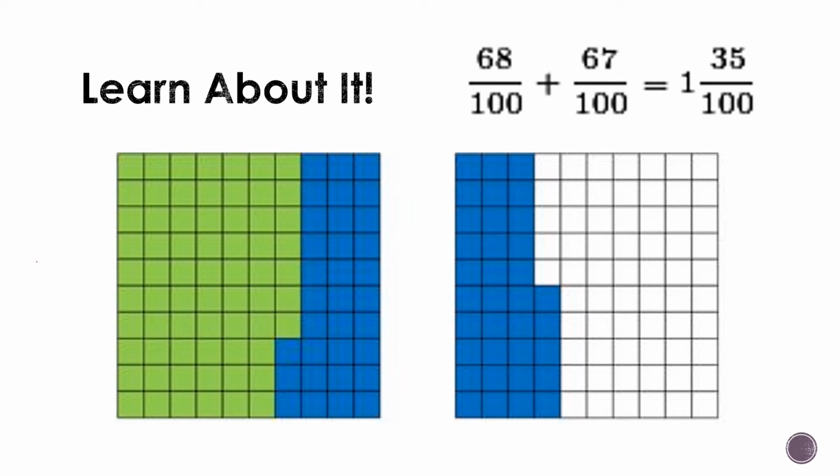That's the same as 1 whole and 35 hundredths. 68 hundredths plus 67 hundredths equals 1 whole and 35 hundredths.